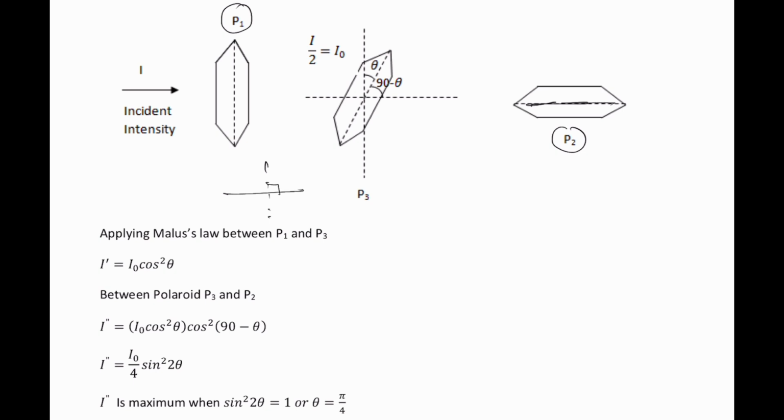This is P3, which is continuously rotated. This is the incident light coming out from the first Polaroid. As the axis of P3 is rotated, the final transmitted light from the Polaroid P2 will have different intensity.